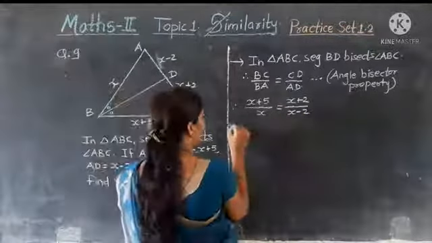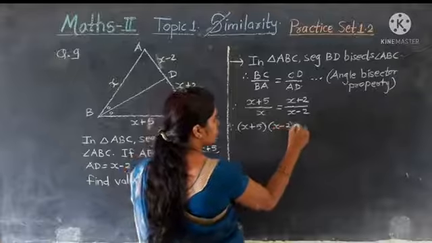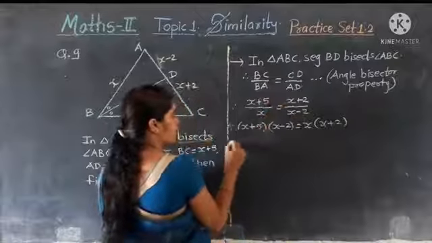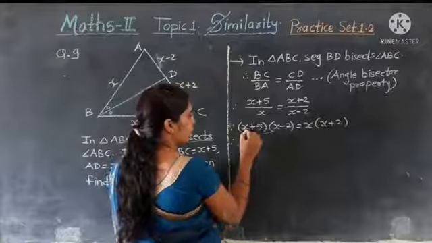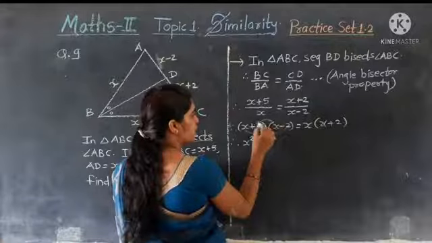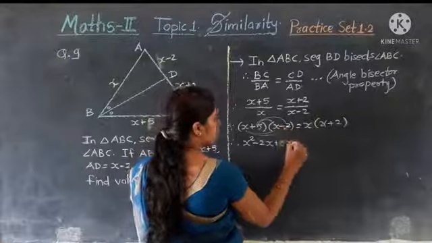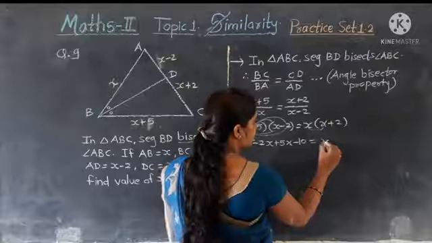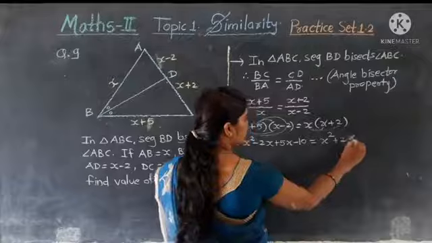Now here cross multiply. X plus 5 into x minus 2 is equal to x into x plus 2. Okay. Now multiply with x. X into x, x square. X into minus 2, minus 2x. Now multiply with 5. 5 into x, 5x. Minus 5 into 2, minus 10, is equal to: multiply with x. X into x, x square. X into 2, 2x.